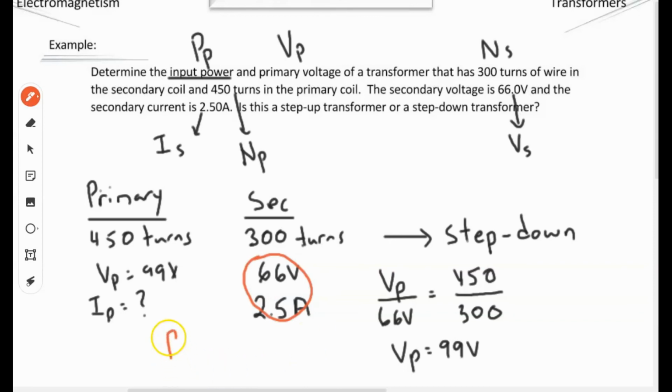So the primary power, due to energy conservation, will be equal to the secondary power, which is voltage times current for the secondary coil, which is 66 volts, times 2.5 amps. And you get a power of 165. And remember the units for power, watts.